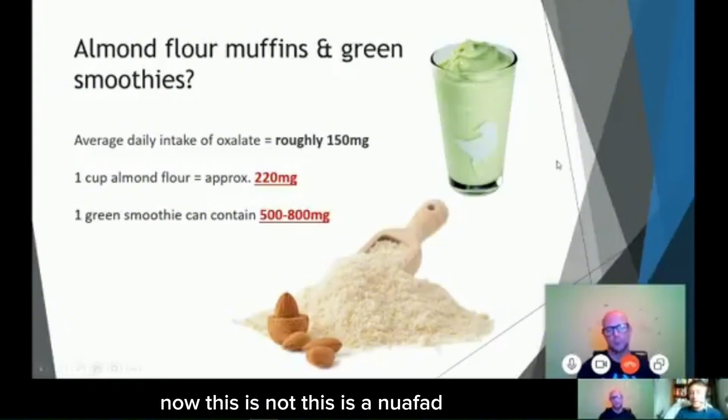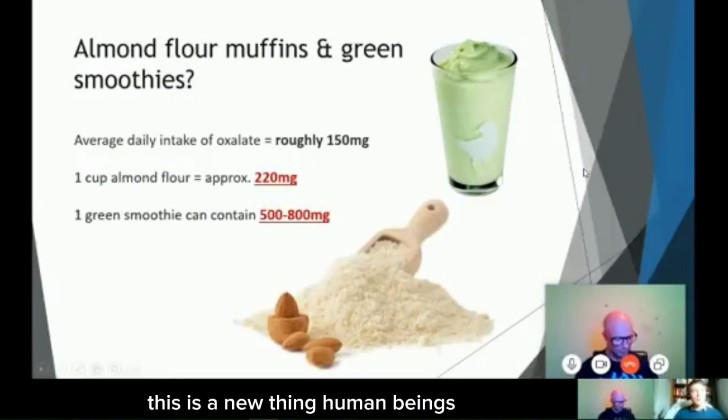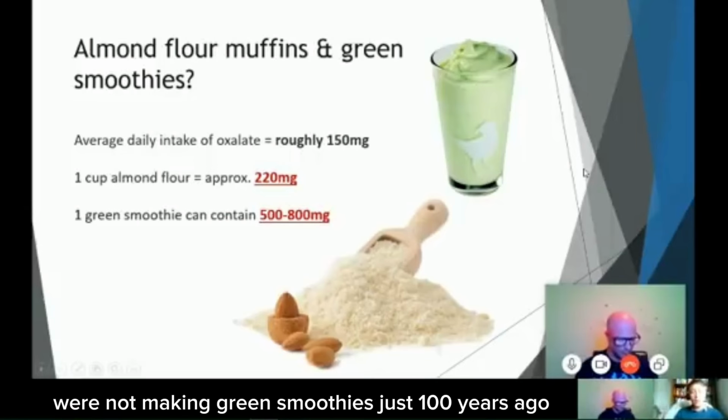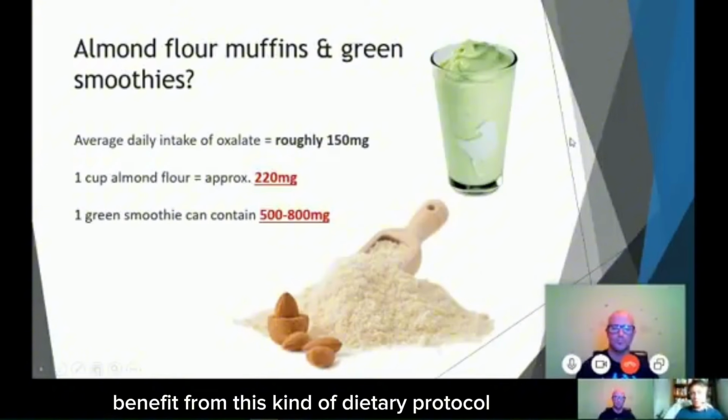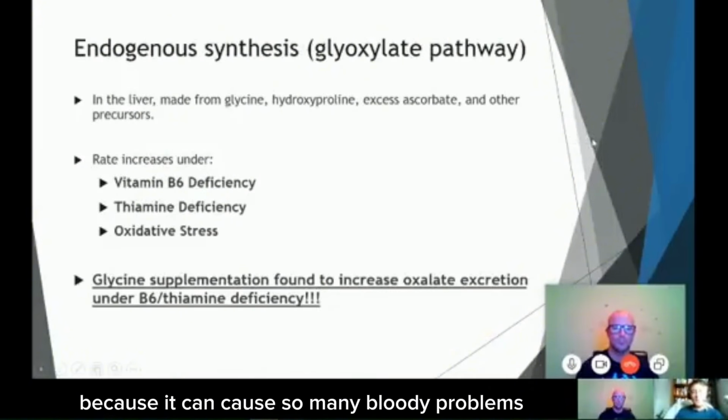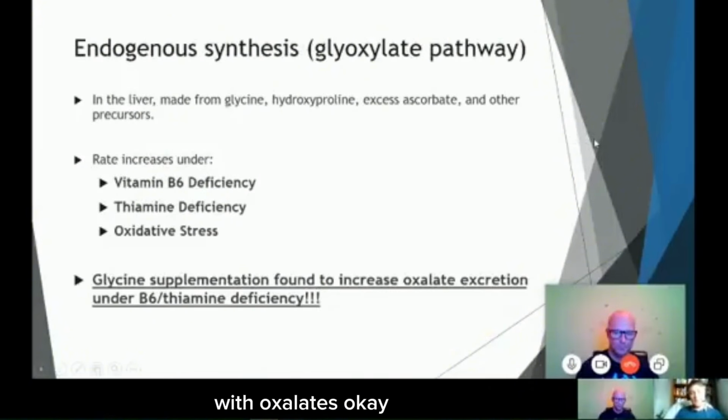Now, this is a new fad. Human beings, from what I understand, were not making green smoothies just 100 years ago. I don't think human beings benefit from this kind of dietary protocol because it can cause so many problems with oxalates.